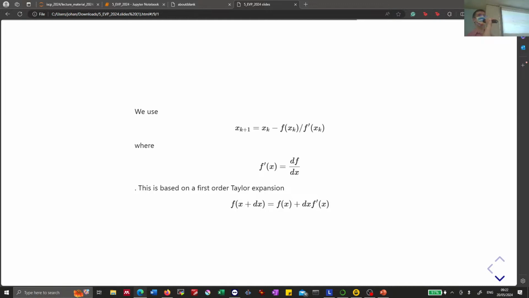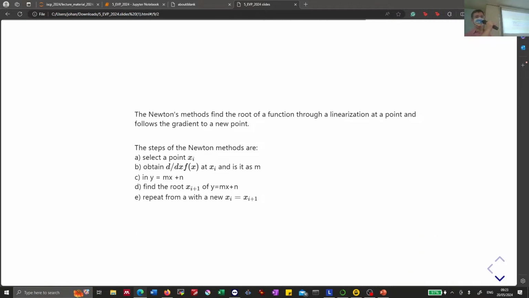That any value of x is possible. xk, right, is a set of x values or list of values that you have chosen discretely. You need to choose your starting point. That can be any value, but the next values are only given by this particular formula. Right? So it's a little bit different. Well, this little bit is actually a big difference. So just make sure that you know the difference.